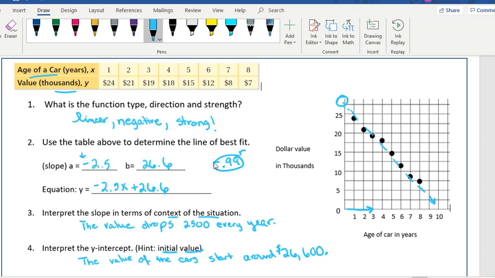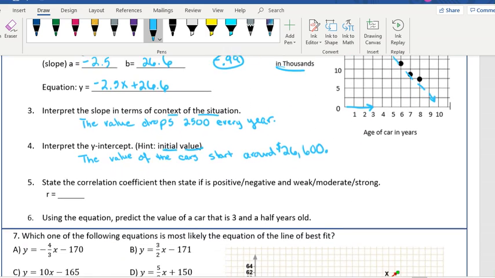Okay, when it says in terms of the data, the fact that it's in thousands, I'm going to turn the 26.6 into 26,600. Just pay attention to that. All right, moving on down the page.